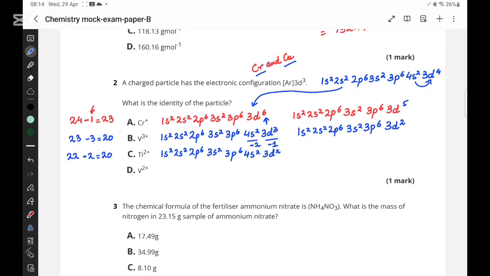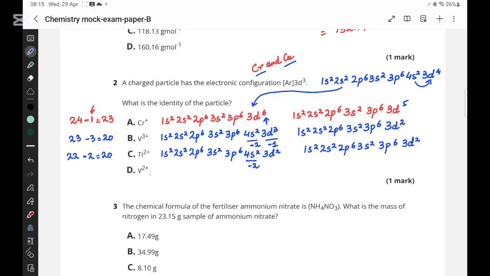And when it tries to lose 2 electrons, then 2 electrons need to be removed from this part. So this one would become 1s2, 2s2, 2p6, 3s2, 3p6, and then 3d2.